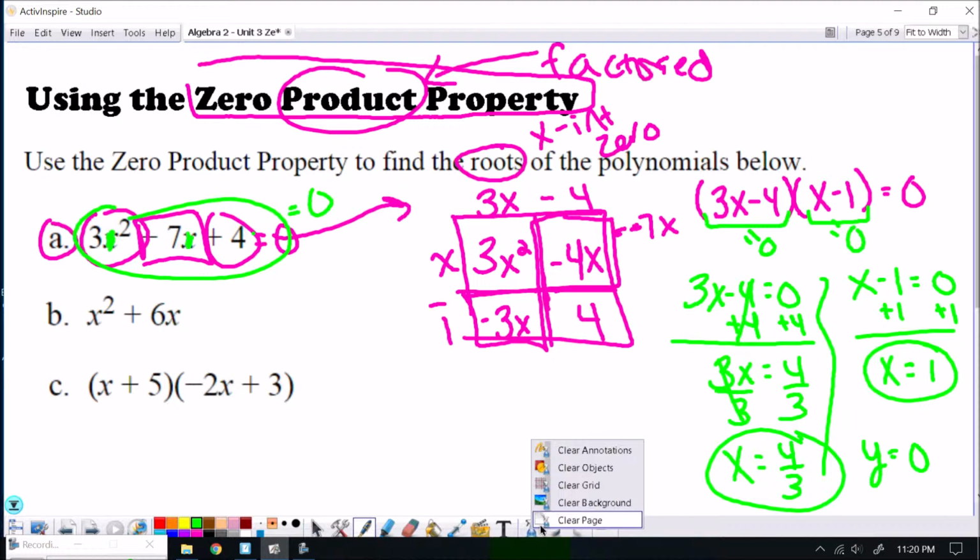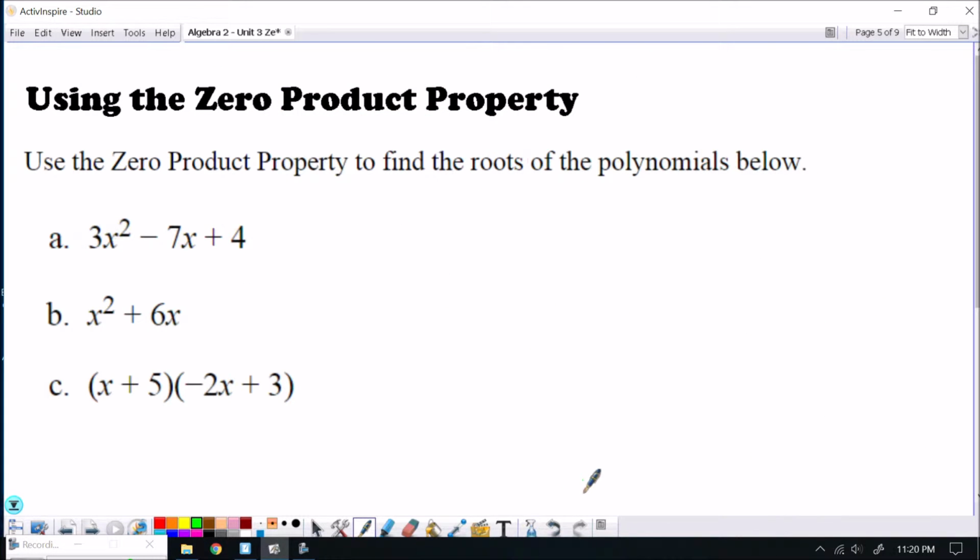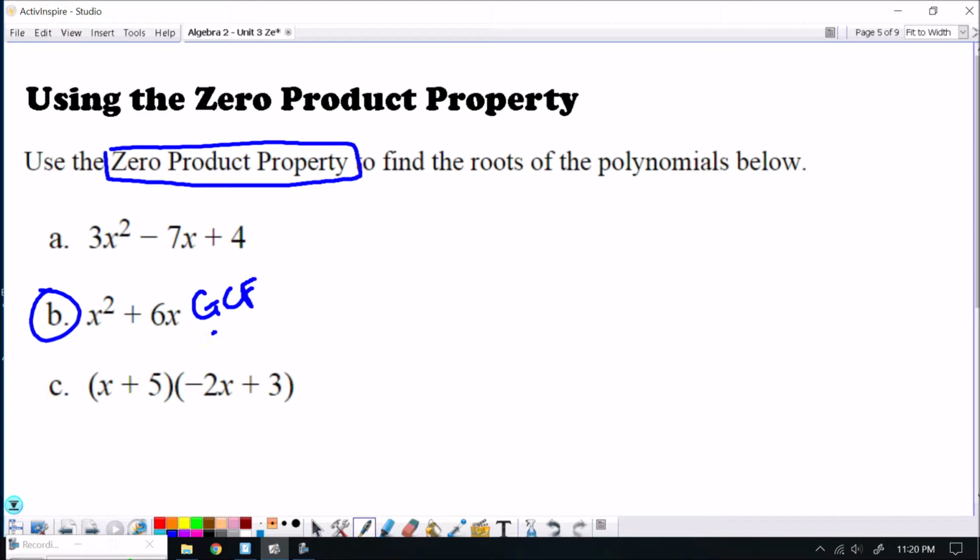So the next problem, let me clear this off. Okay. So let's look at B. We have to, once again, to be able to use the zero product property, have it in factored form. So very first step of factoring that's easy for people to forget is the greatest common factor.